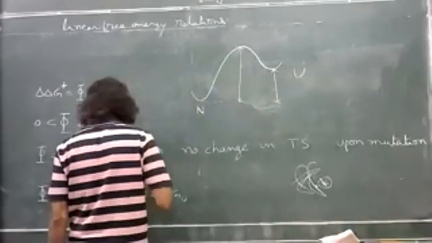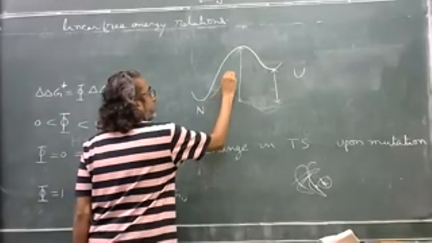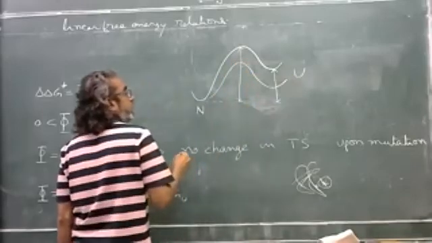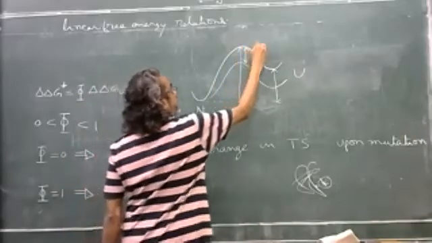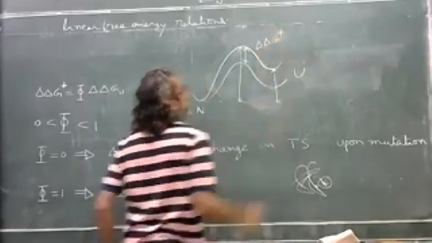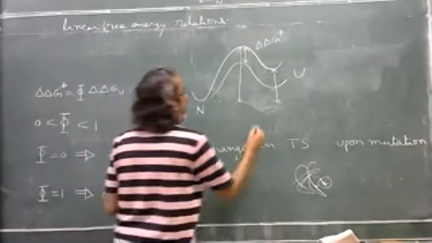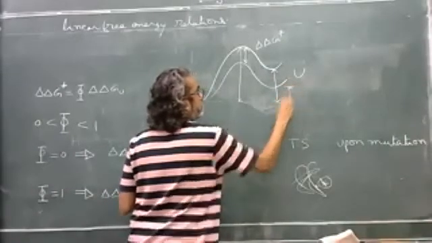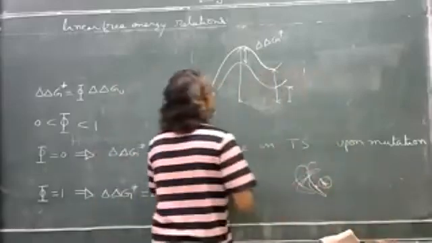The mutation changes the energy landscape. This change is delta G dagger. Now it's clear. And this one is a new free energy difference, and we are talking about the difference between these two.